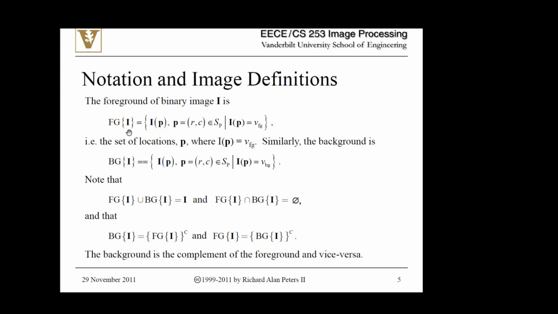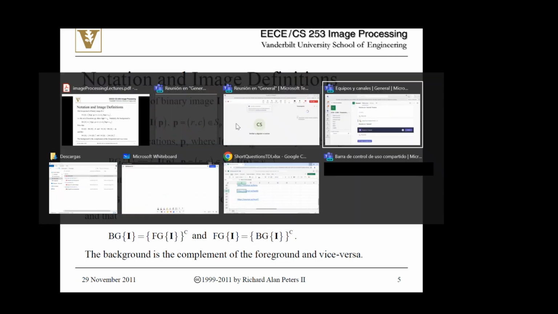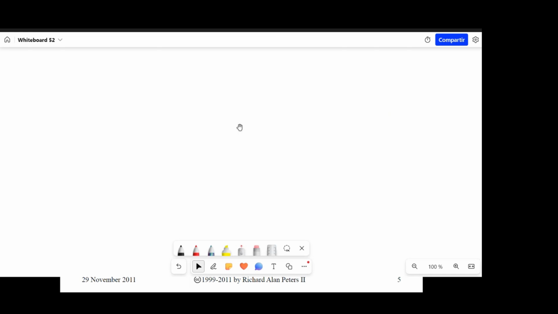One is the foreground. The foreground of an image is all those pixels such that the pixel location is in the support of the image, and the image takes the value foreground at that pixel. So let's say we have an image. This is our object.